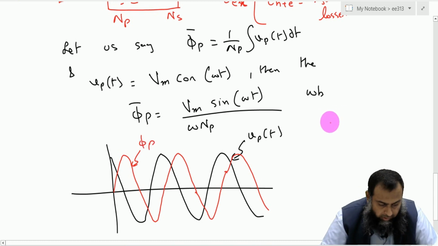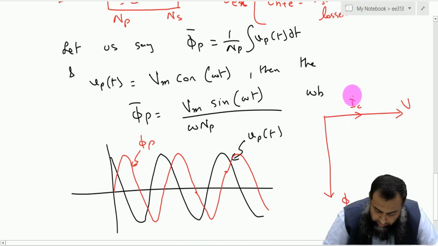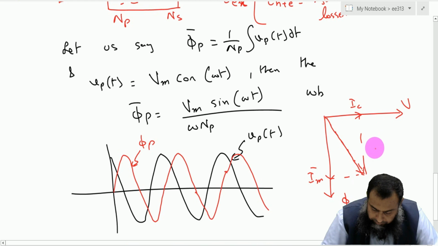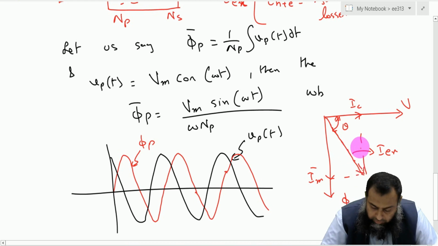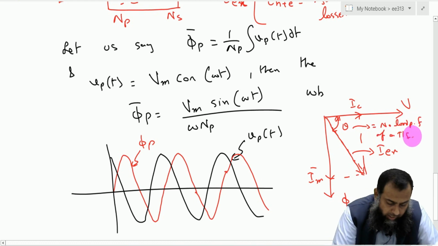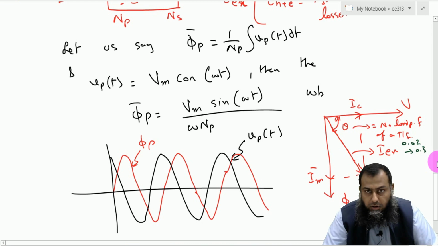If this is V and this is phi, because we have a 90-degree phase difference between these two, then this is the core losses current, and here is the magnetization current, and their vectorial sum provides us the information about this particular current, which is the IX, and this theta, which is between the applied voltage V and the current drawn by the transformer at no load condition, is known as the no load power factor of a transformer, and it is very poor, typically between 0.02 to 0.3. This is a typical power factor of an unloaded transformer.